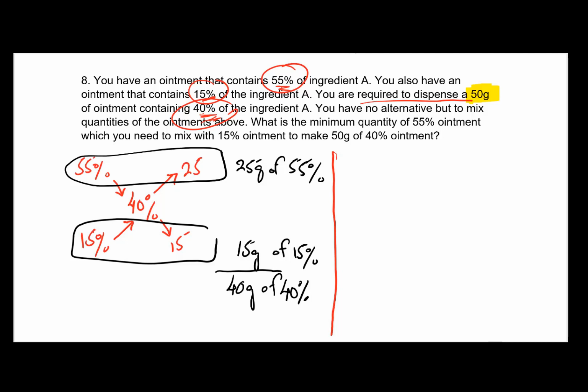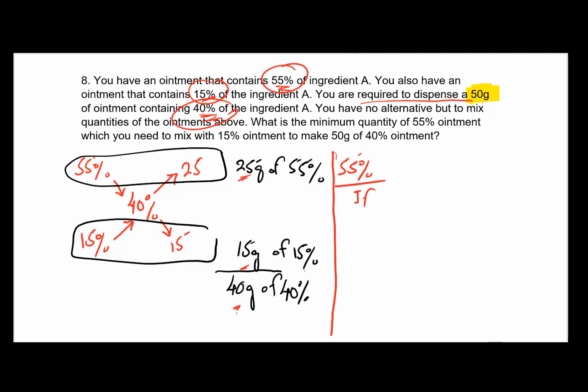So what do we do next? We know the amount we will need for every cream, 55% and 15%, but that will give us 40 grams. But we have to make 50 grams. Okay, so now for every cream, I will work out the quantity separately. So let's do it for 55%.